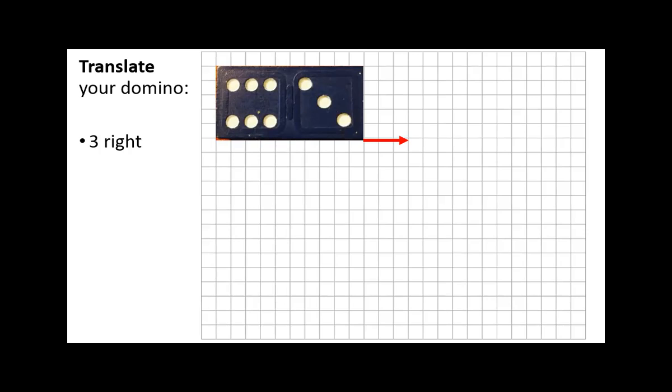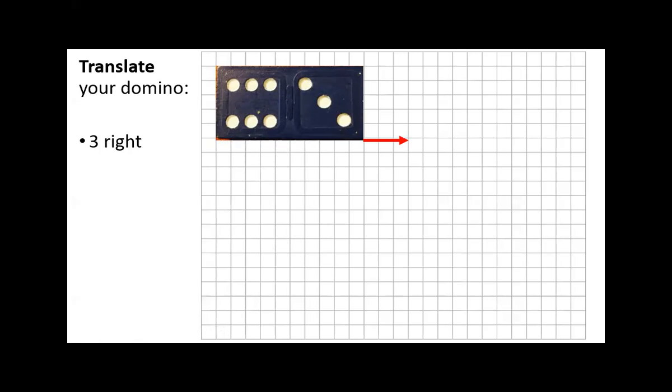I just want you to quickly sketch it onto that graph paper as well as you can. Make sure you're going into the lines. If your domino only goes halfway across a line, just extend it out. We're not trying to be exact here, just making this easy on ourselves. So draw your domino on there. I'll give you a couple seconds for that.